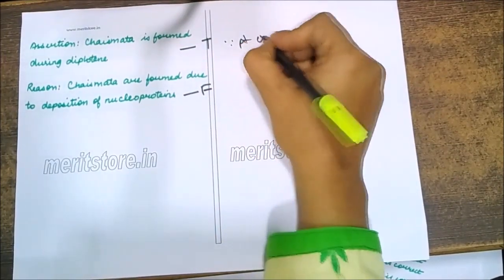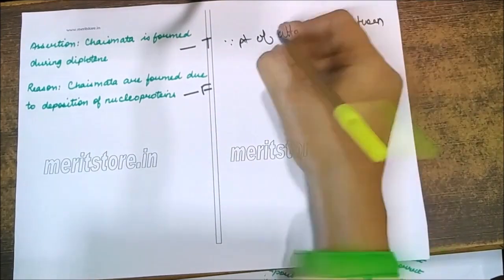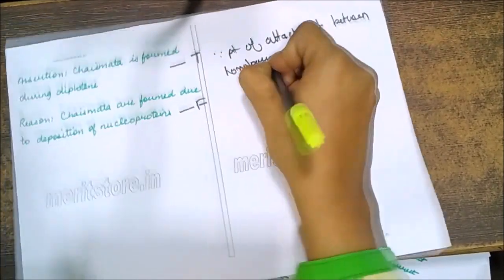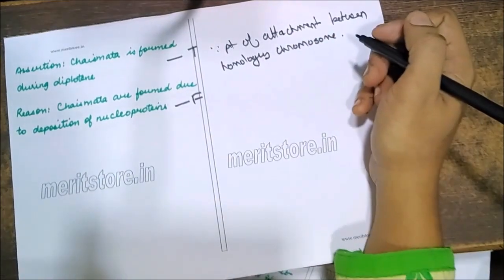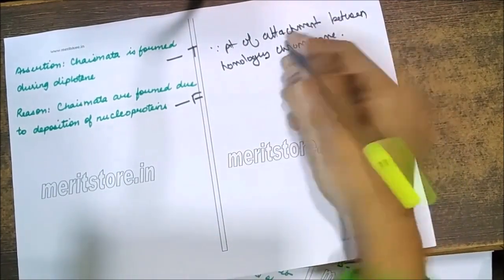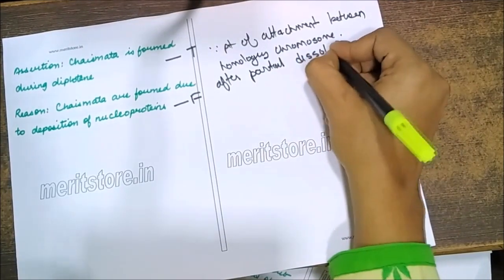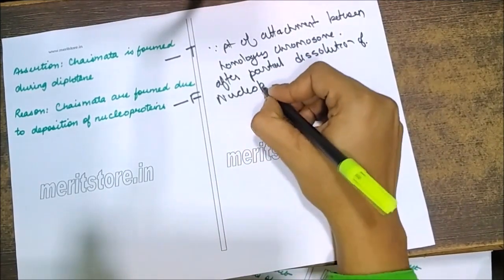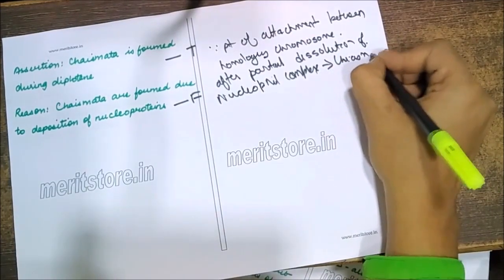See, understand, the point of attachment between homologous chromosomes, after partial dissolution of the nucleoprotein complex, is known as chiasmata.